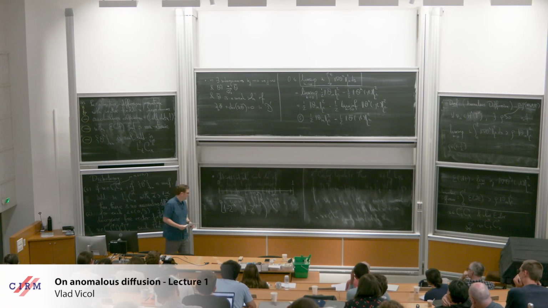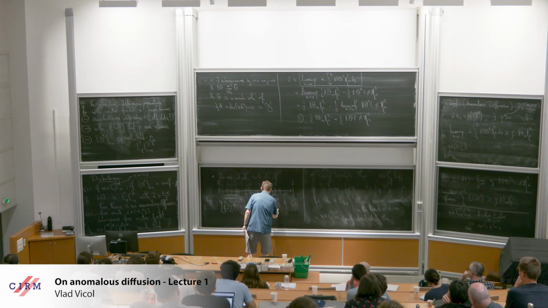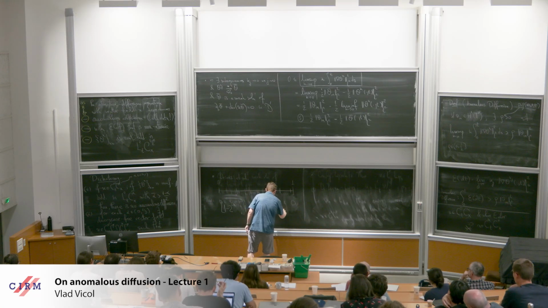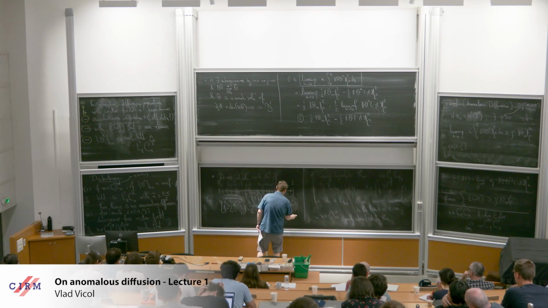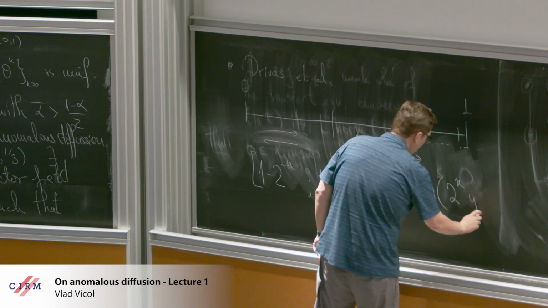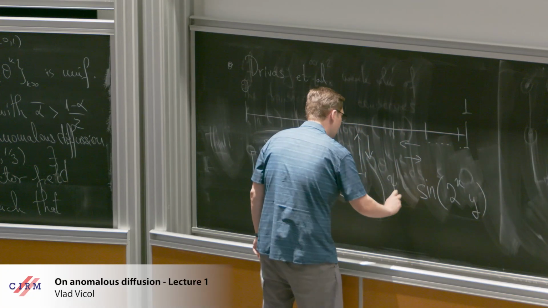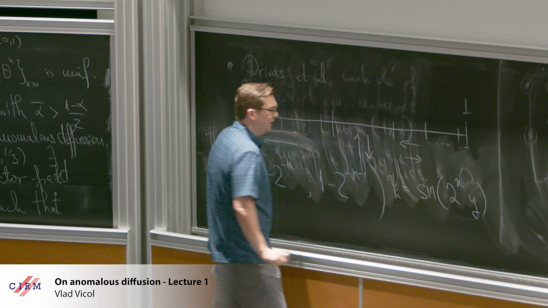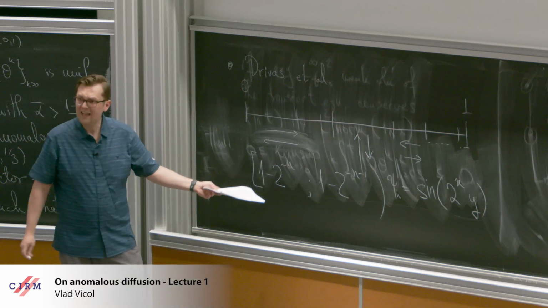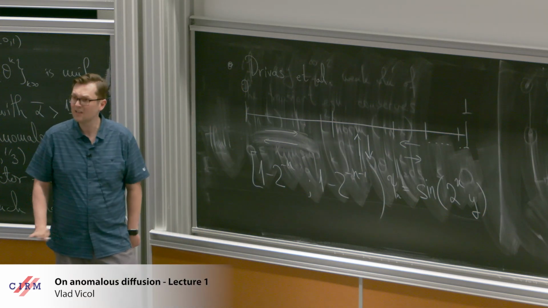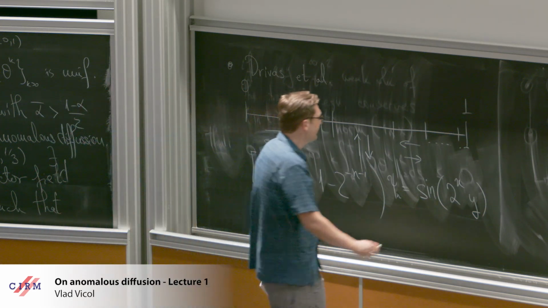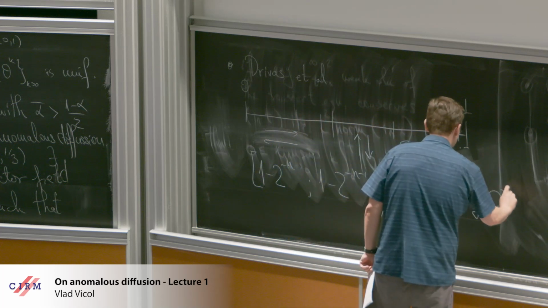Its frequency of oscillation is 2 to the n. So it's sine of, let's say, 2 to the n y. This is the stream function, let's say. And if you do it like that, it will just be continuous. It's not going to be in C alpha. So if you want it in C alpha, you put a 2 to the minus n alpha there.